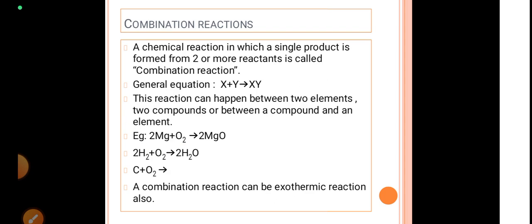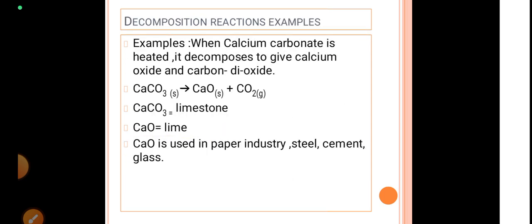See, combination, what happens, I have given an example. There are two reactants here, magnesium and oxygen, giving rise to a single product, that is magnesium oxide. But in decomposition, you can see the example here, calcium carbonate, which is in solid state, on providing sufficient energy or heat, it decomposes to form calcium oxide and carbon dioxide.